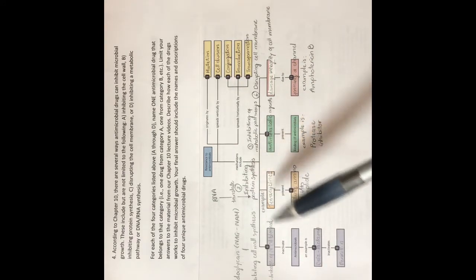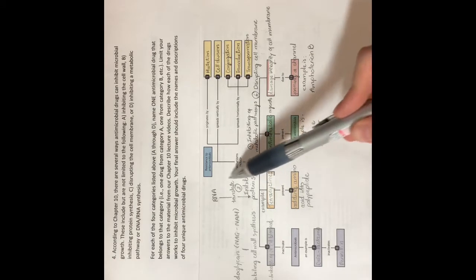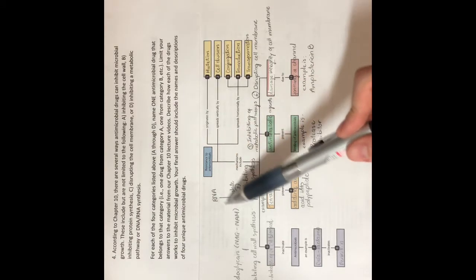Inhibiting protein synthesis. Protein plays an important role as metabolic enzymes, pumps, and channels to move material in and out of the cell membrane. Cells use RNA to translate protein. Many antibacterial drugs can selectively target translation without affecting eukaryotes.